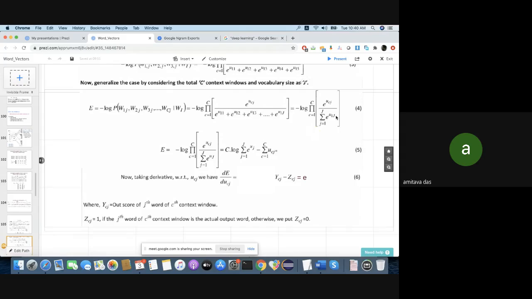We can rewrite this formulation by simplifying this log function: a log of the sum over j equal to 1 to J of u_j, and u_cj. For simplicity, we can write this as y_cj and z_cj, which is our error function. Any question here? I'm running a little fast, I know, because I have to finish in 11. Any quick question here?